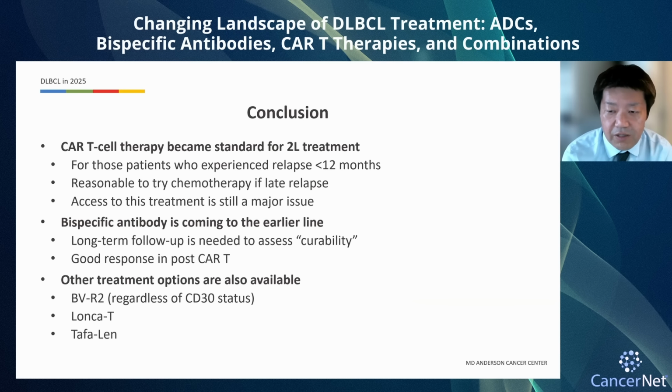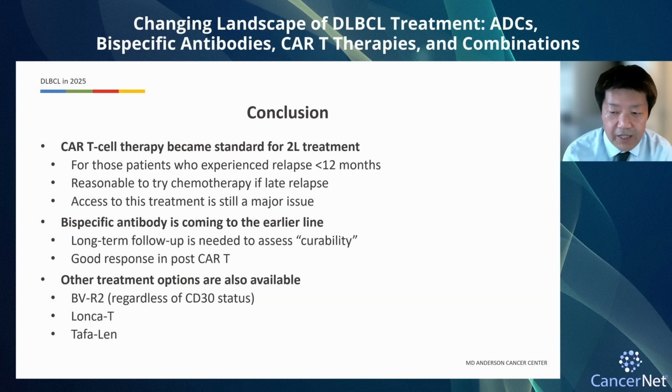So in conclusion, CAR T-cell therapy has become the standard second-line treatment, particularly for patients who experience early progression after first-line treatment. However, this treatment is not yet reaching all eligible patients, and access and utilization remain a major challenge that needs to be addressed.